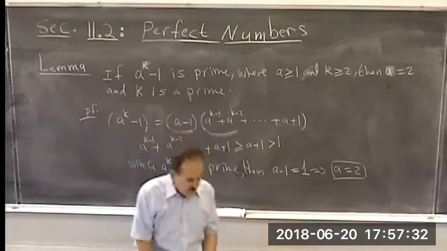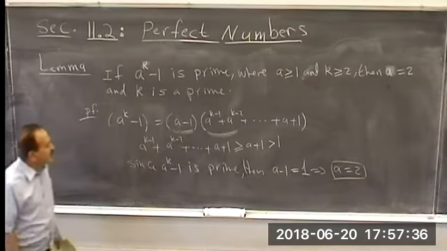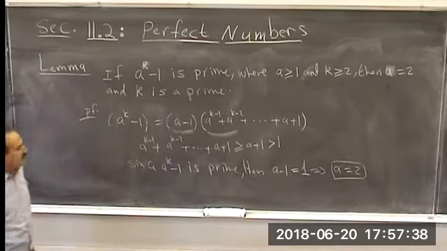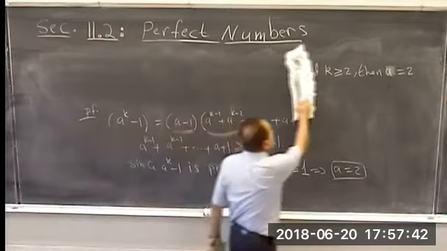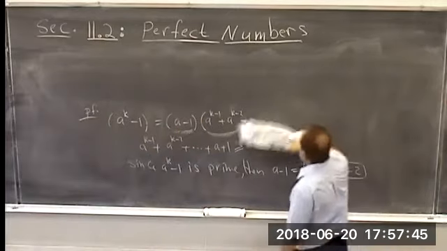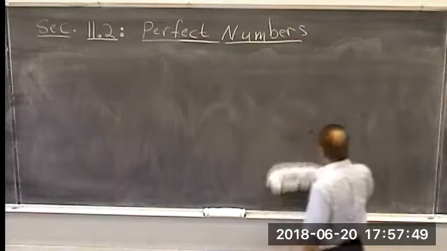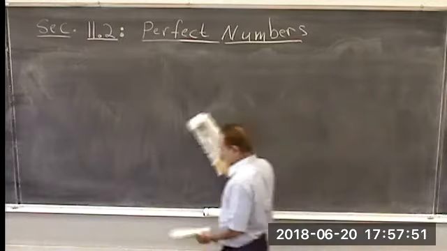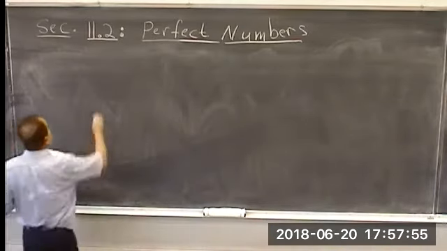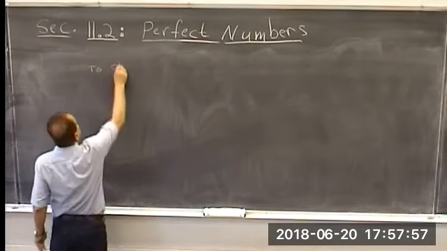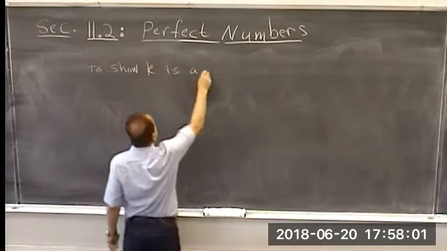All right, let's go to the other direction. We're going to do this by assuming k is not a prime and finding a contradiction. All right? Next, we're going to show k is a prime.